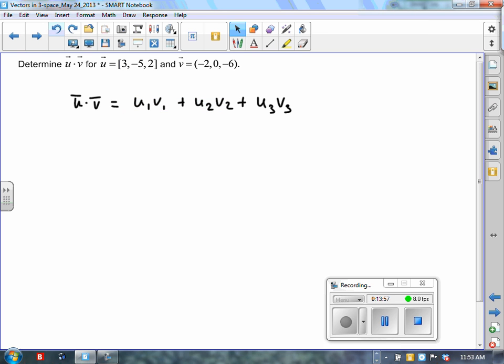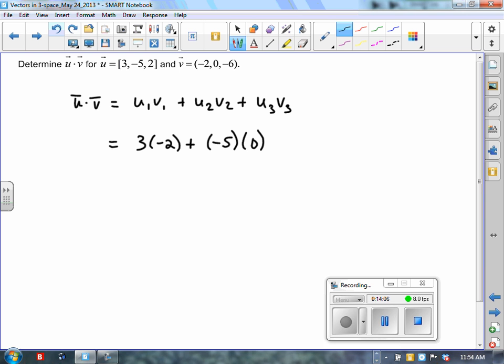So let's add in the values. So we'll have 3 by minus 2 plus minus 5 by 0 plus 2 by minus 6. And recall that the dot product produces a scalar quantity.